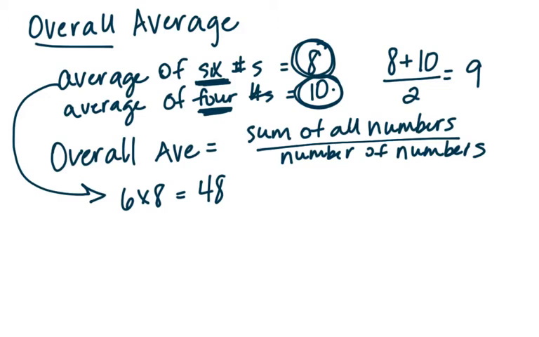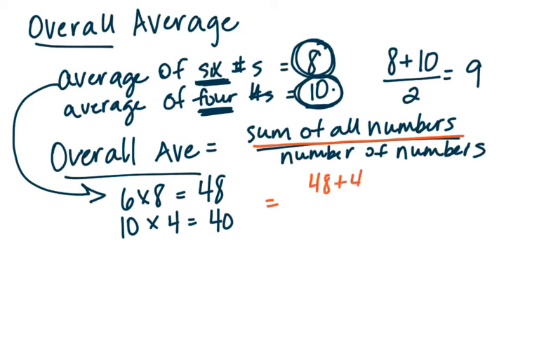And we can also know that because 10 is the average of 4 numbers, we know we could take that 10 and just multiply it by 4 to get 40. So we know the other set of numbers equaled 40. So we will take our overall average, because that is the sum of all the numbers. So all the numbers added together would be 48 plus 40.